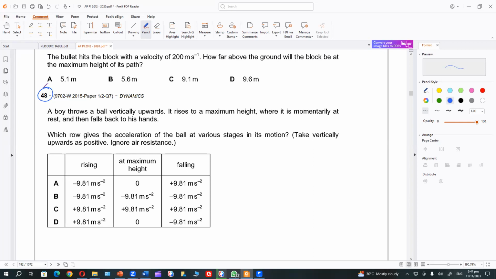A boy throws a ball vertically upward. It rises to a maximum height where it is momentarily at rest and then falls back. Ignore air resistance. So if I throw something upward and there is no air resistance, then obviously for the upward motion at the highest position, the object comes to rest.